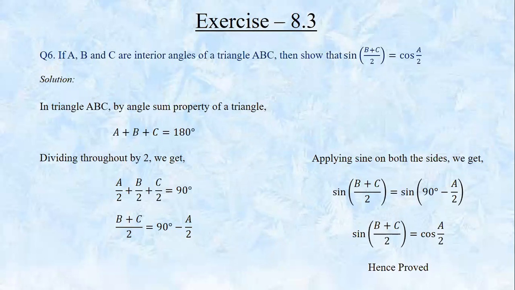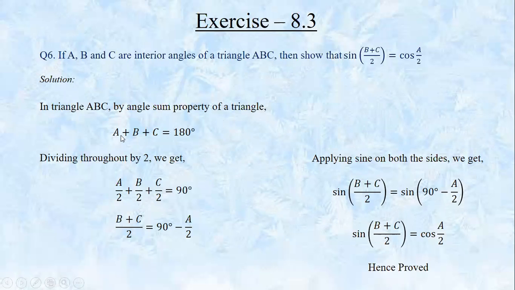Next, moving on to question number 6. If A, B and C are interior angles of a triangle ABC, then show that sine B plus C by 2 is equal to cos A by 2. Just given that ABC are interior angles. Now we know by angle sum property that angle A plus angle B plus angle C is equal to 180 degree.